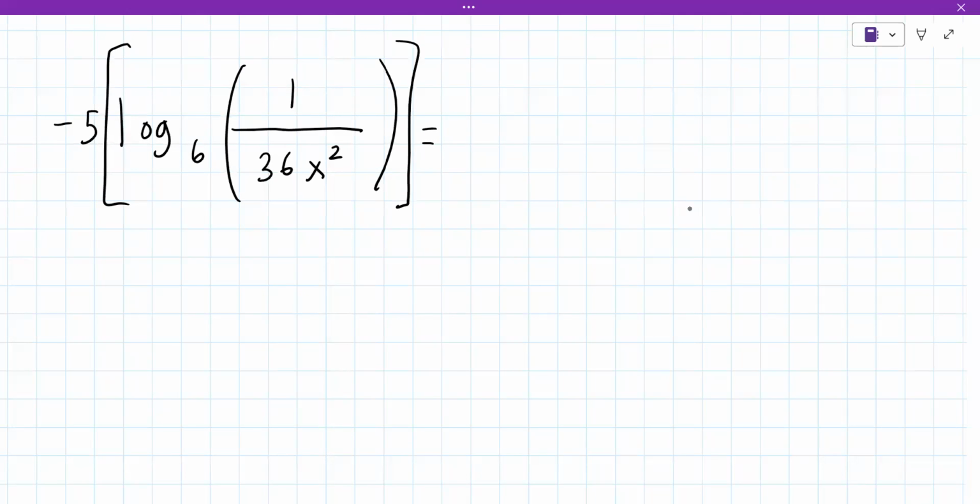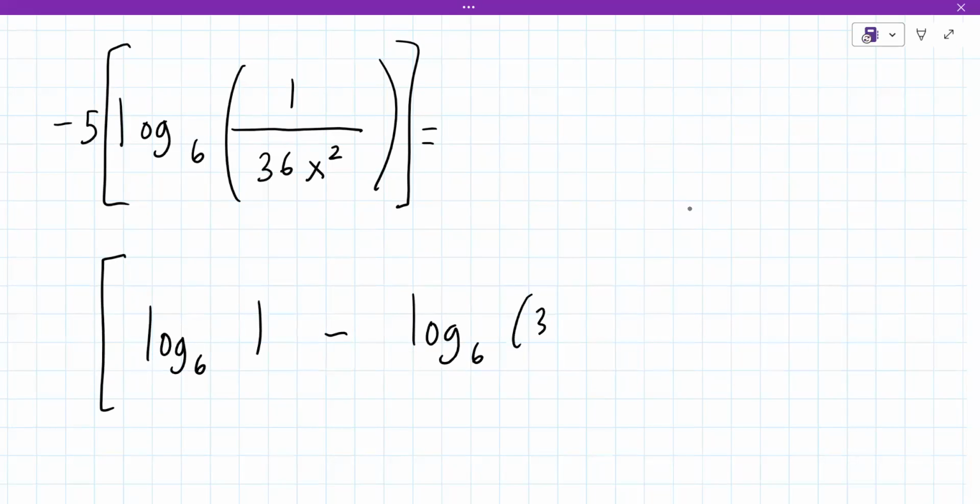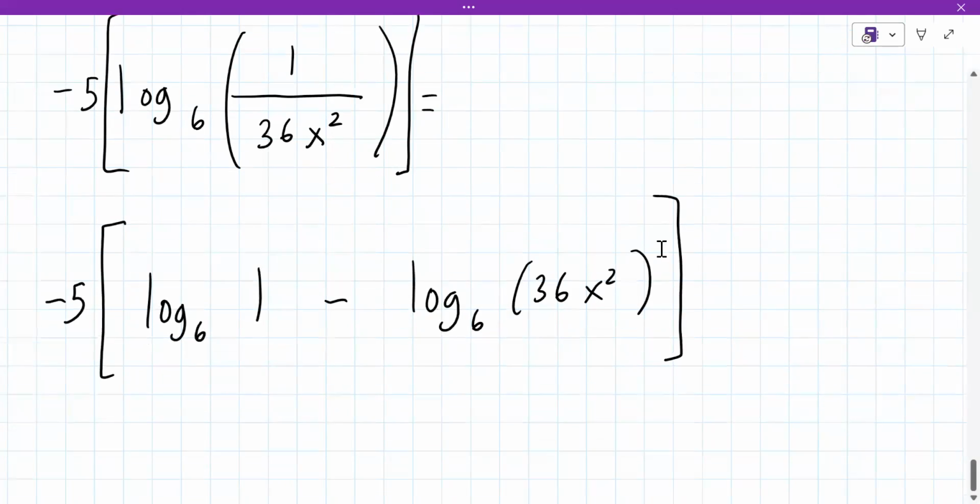So I want you to see this is in brackets for the moment. It becomes log base 6 of 1 minus log base 6 of 36x squared. It's the top minus the bottom. And that -5 is still on the outside. We'll get to that in a moment.